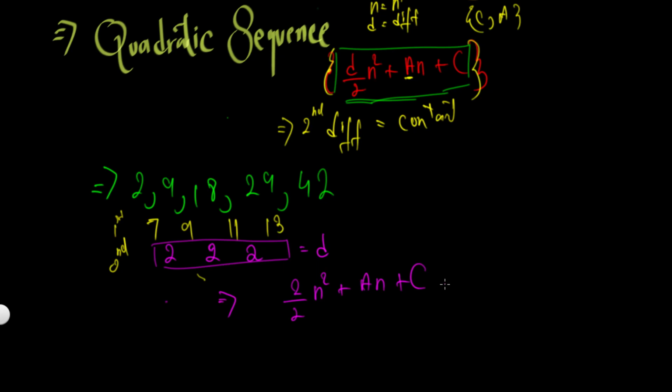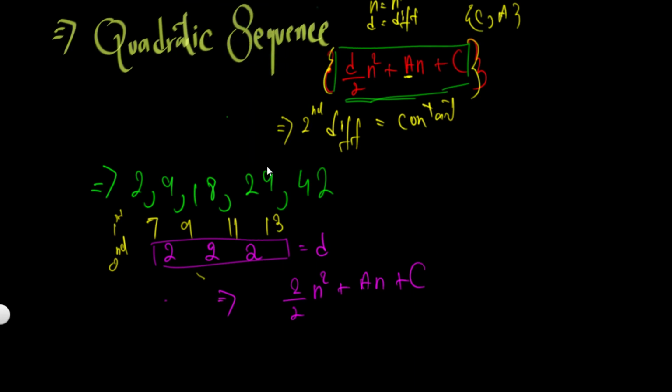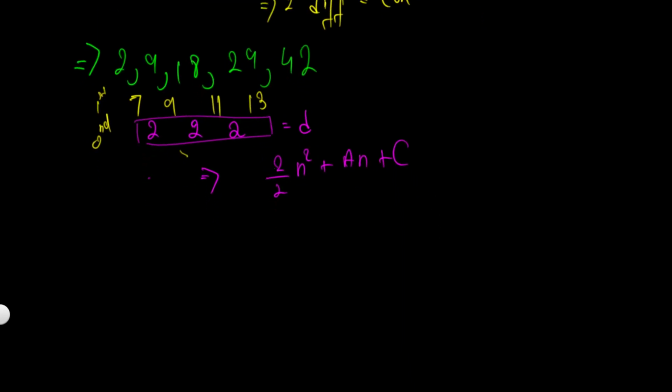From this point, it will involve algebra, but it is very straightforward. All you have to do is set up two simultaneous equations. If I simplify this, I get n squared plus an plus c, since 2 divided by 2 is 1, equal to the nth term formula.